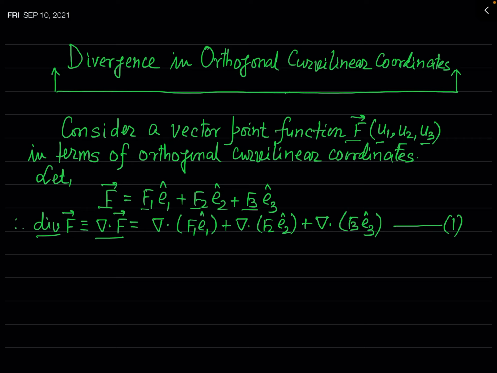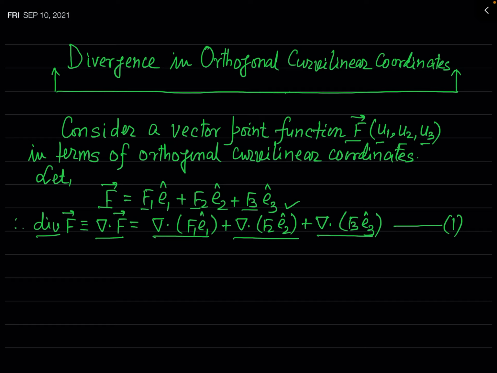Now, since f is f1 e1 hat plus f2 e2 hat plus f3 e3 hat, when you operate this divergence operator on this vector field, del dot f may be written as del dot f1 e1 hat plus del dot f2 e2 hat plus del dot f3 e3 hat.